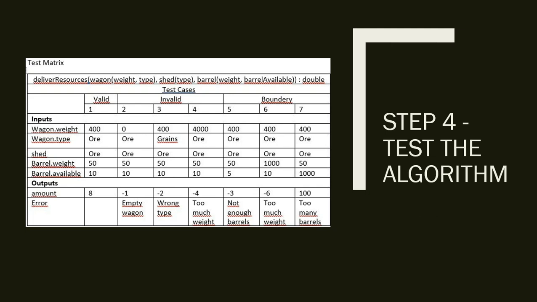We have grains under the wagon type, and we have the same wagon weight as that of the ore, 400. But because the type consists of a different material, it's marked invalid.